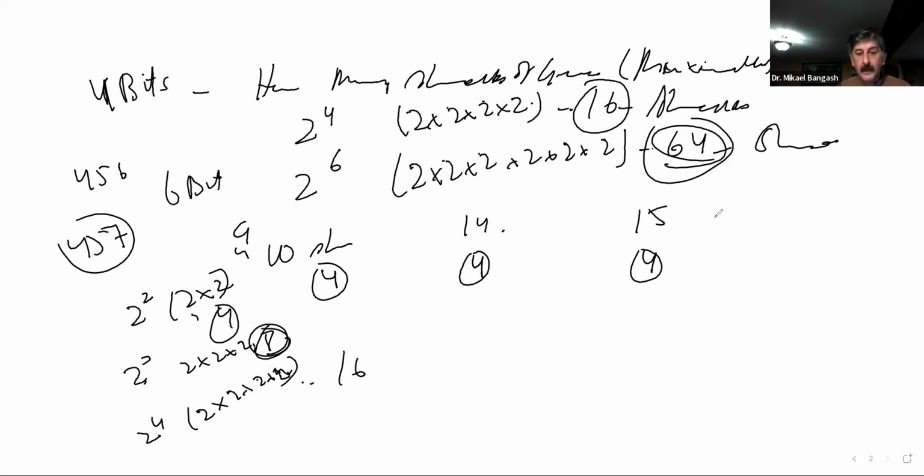Even had it been 16 shades, it would still have been 4 bits, but that would then have been the max that 4 bits could have given us in terms of shades. So each of them required a minimum of 4 bits. Did that make sense?